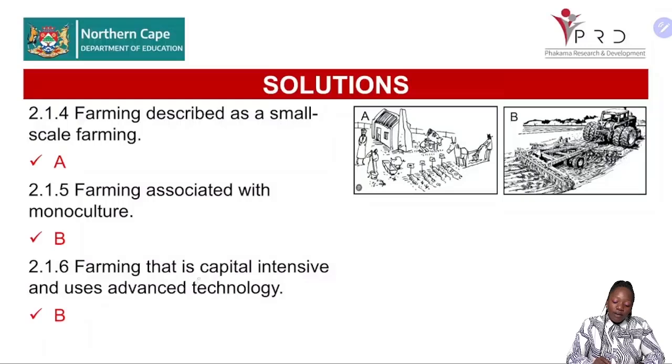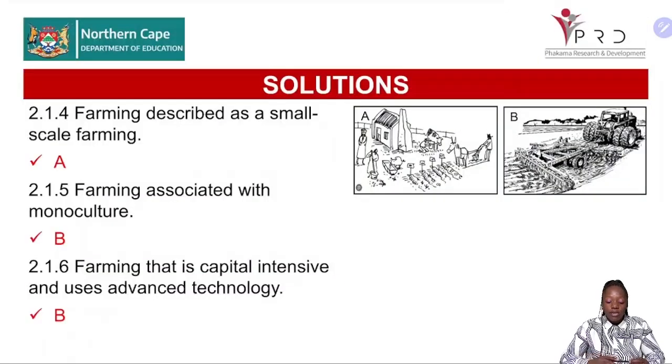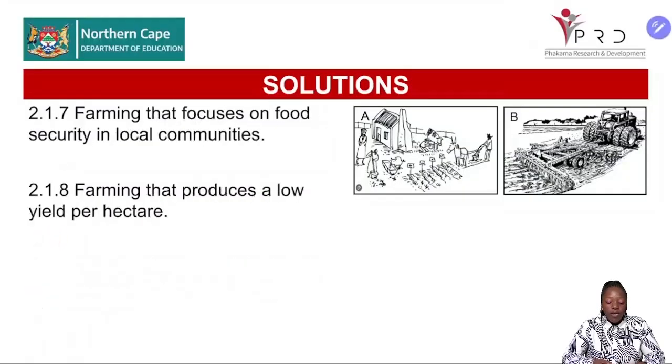So we are given capital intensive. It means there is so much money that has been put in. As you can see, the equipment there that they are using, and also it uses advanced technology, which is B, as you can see in the photograph. Then your 2.1.7, the farming that focuses on food security for the local communities.